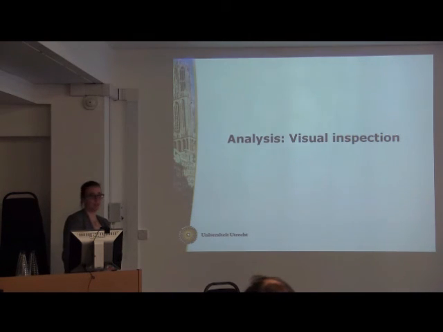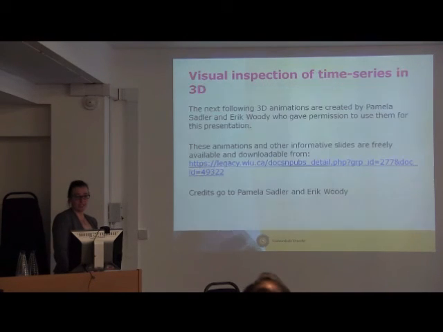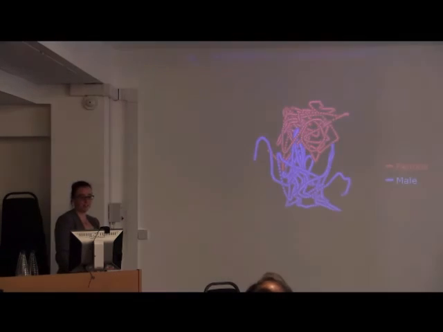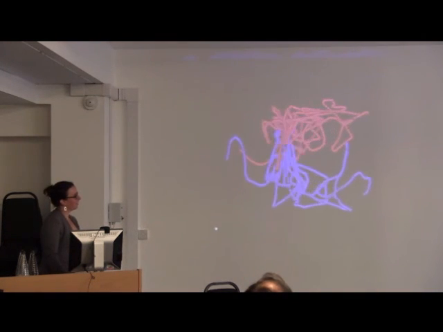Okay, so I will show you very shortly some types of analyses that we did. I have only 2 minutes left, so I will go through that very, very quickly. You can visually inspect these data multiple ways. You can do this with SPSS syntax, or you could use a very nice 3D visualization that Pamela made. I'll go through this really quick. Let's see, it starts.